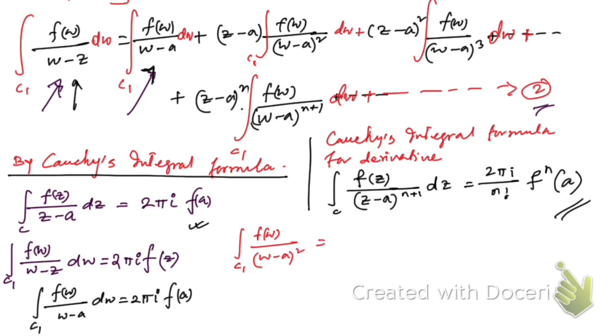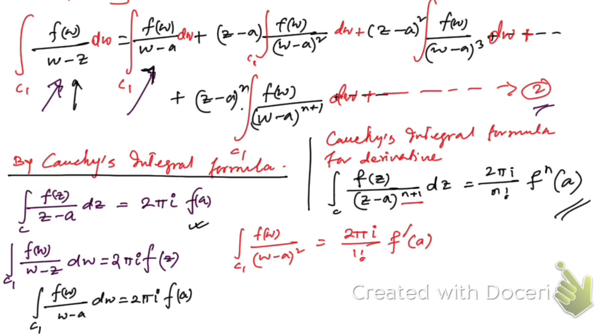Here we have whole square, so this n plus 1 is 2. That's why n will be equal to 1 in this case. So we're going to get 2 pi i by factorial 1. Factorial 1 is nothing but 1, f first order derivative at a. Here a is not this a simply, so you can write a. Okay, so you will get this result.